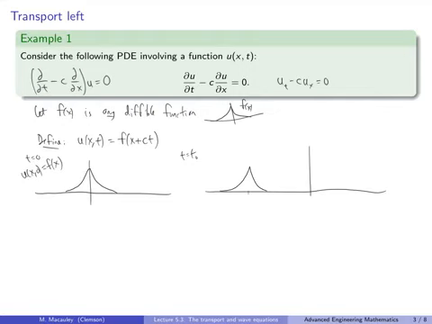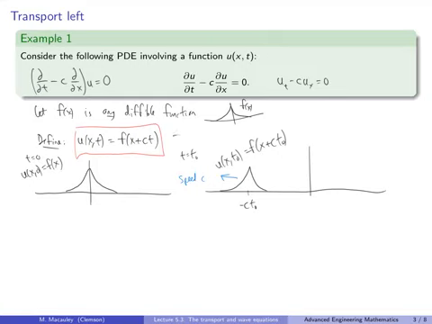So if this is negative c t naught, then notice that u of x, t naught equals f of x plus c t naught. So in other words, this function of two variables that we've defined right here can be thought of as a traveling wave, where f of x is the wave. And this is traveling left at speed or velocity c.